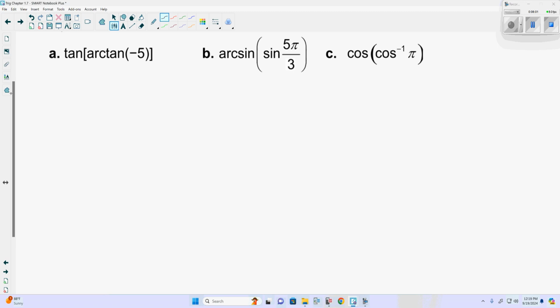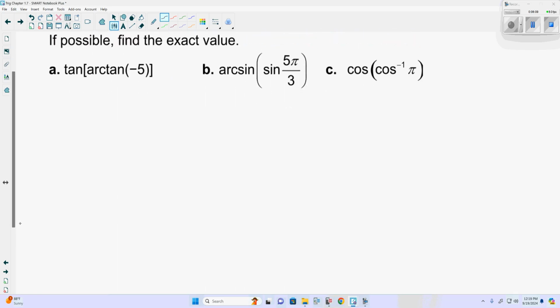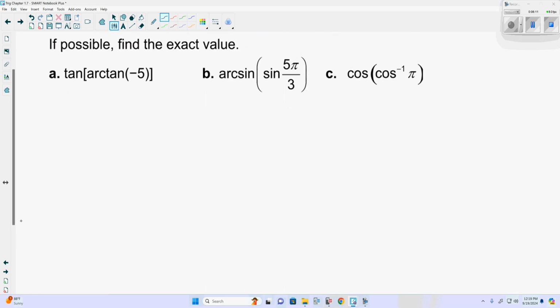Tangent of arctangent of negative 5. Well, if possible, we want to find the exact value. Now, there are different ways we can go about this.